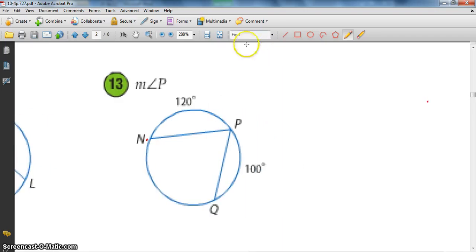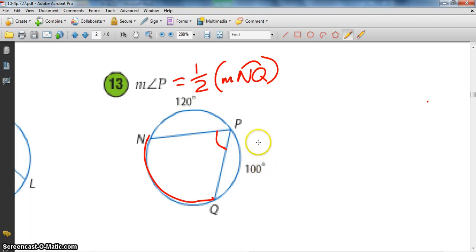For number 13, to find the measure of angle P. The measure of angle P is equal to half of its intercepted arc, which is this arc here, NQ. Now to find NQ, we need to subtract this arc and this arc from 360, and that will leave me with the measure of this arc.